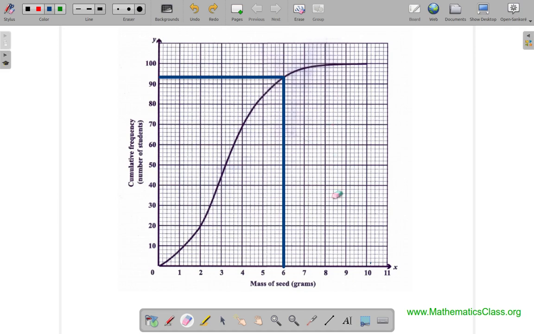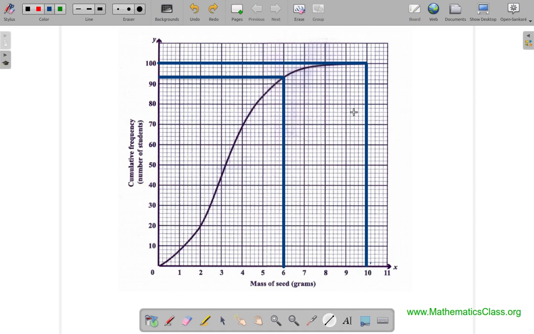Now, here, some students estimated the mass to be 7, some 8, some 9, but it goes up to 10. So 10 is the maximum. We go from 10 to the curve, then project across. We had no more than 100.